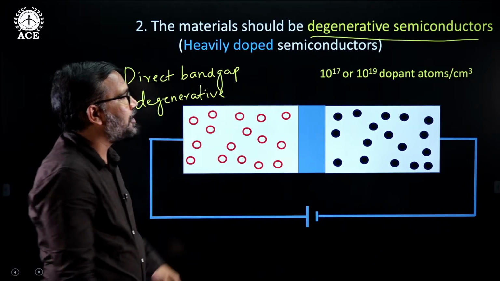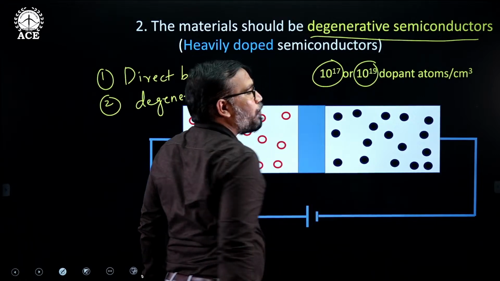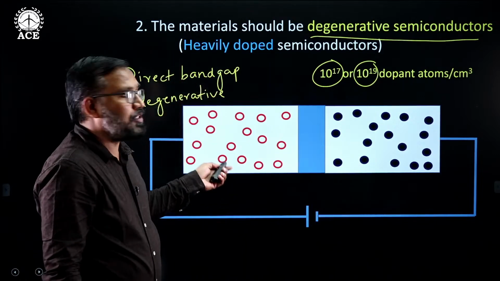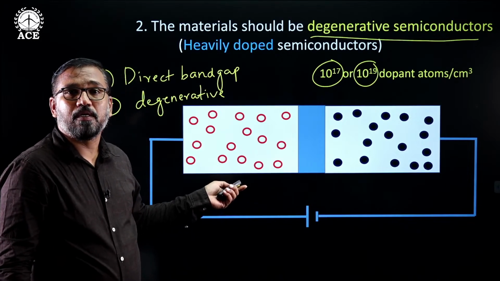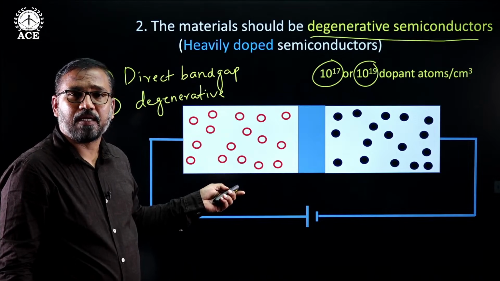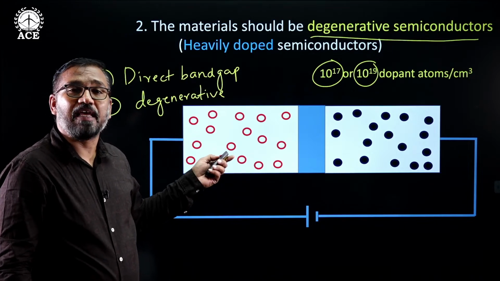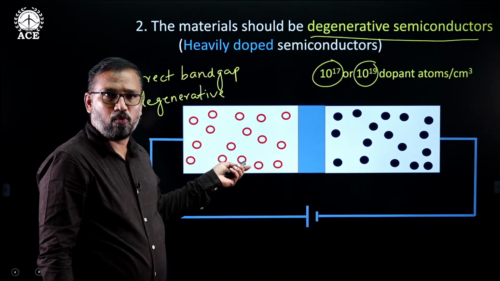How much doping? 10 to the power of 17 or 10 to the power of 19 dopants per centimeter cube. To get a p-type semiconductor, what should we dope with, trivalent or pentavalent? We dope with trivalent impurity, that is, third group elements.